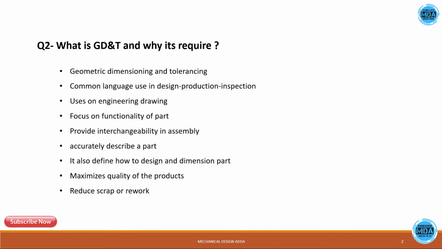GD&T provides more tolerance, and because of that it provides interchangeability and reduces scrap and rework, and it also defines how to design and dimension the part and maximize the quality of the product.